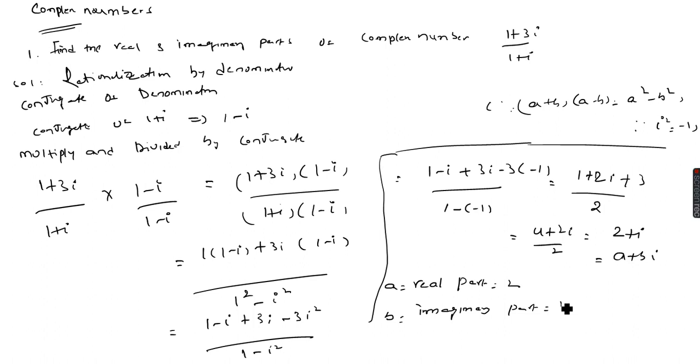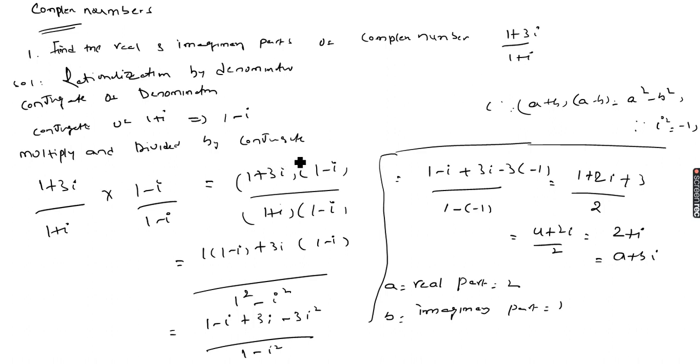So how can we do this problem? Let us recall. The question is, we need to find the real and imaginary parts of (1 plus 3i) by (1 plus i). It will be converted into the form a plus bi. So in this method, we take the rationalization by the denominator. Rationalization is nothing but taking the conjugate of the denominator. Here the conjugate of 1 plus i is 1 minus i. If we have a plus, then we take a minus.